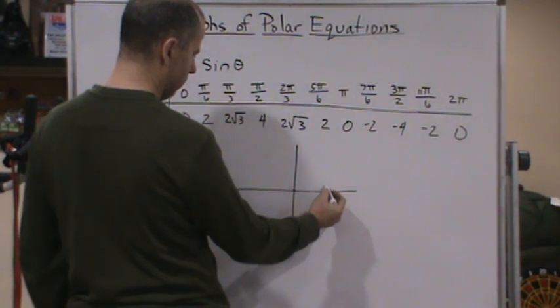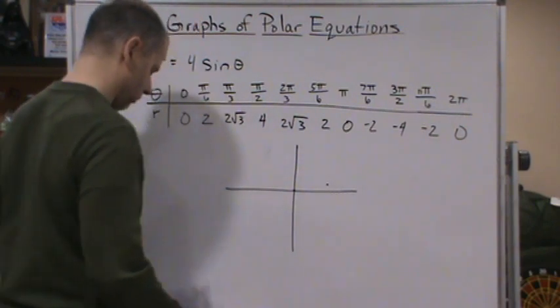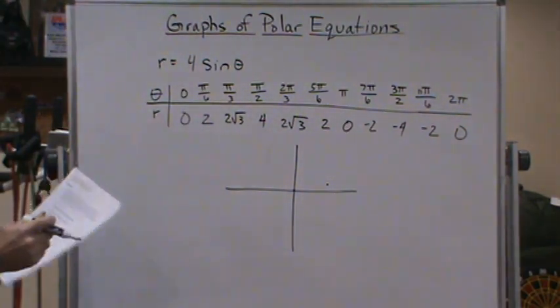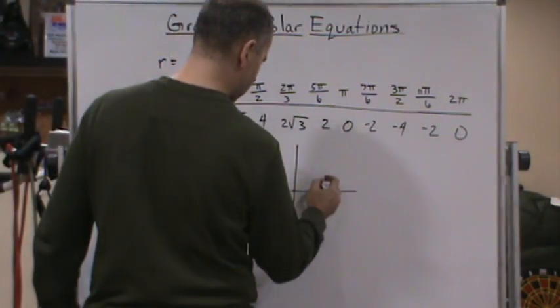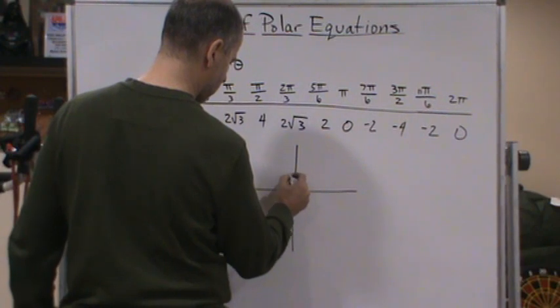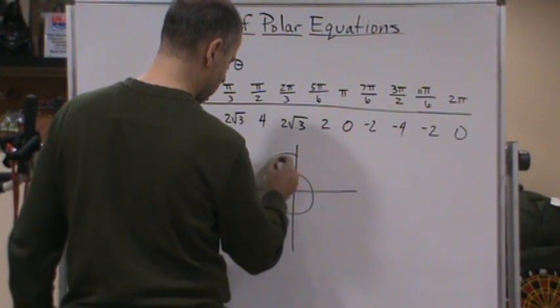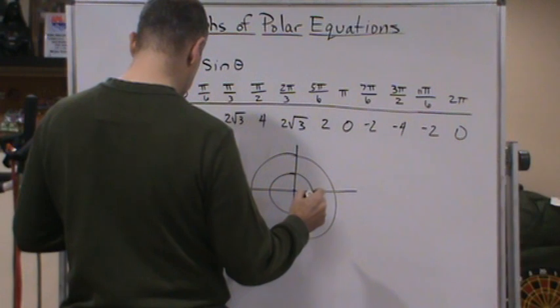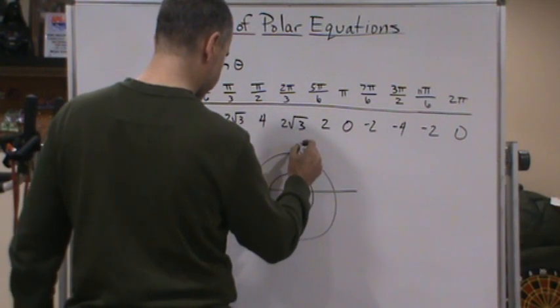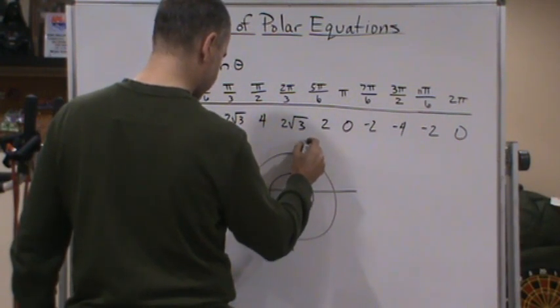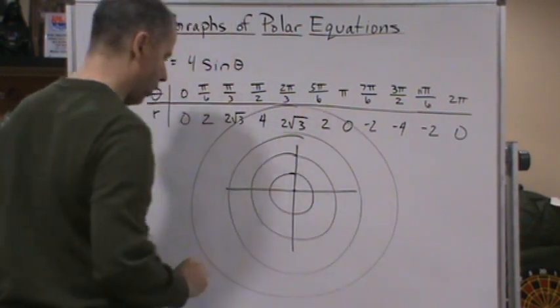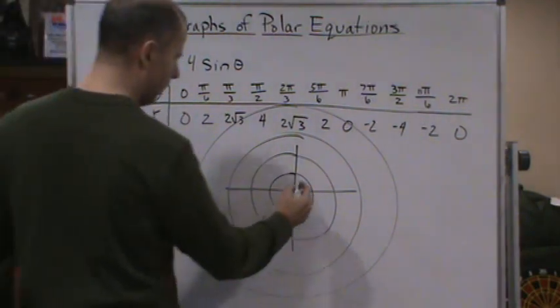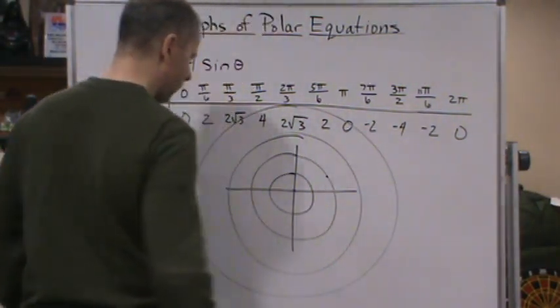So let's say we're over here, or here, let's do the circles. Don't mind my circles. But here we go. We go to 2.